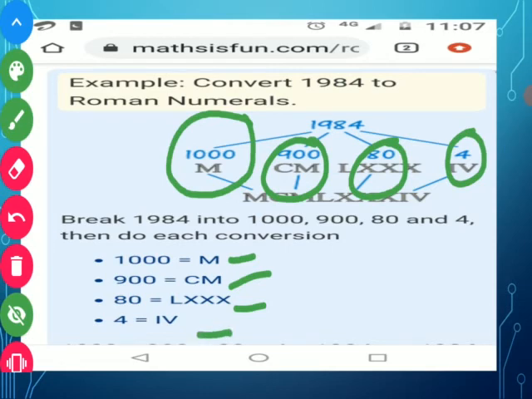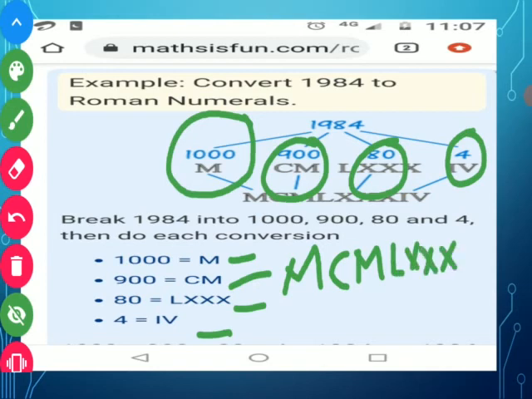So M, CM, LXXX, IV. This way we have represented 1984.